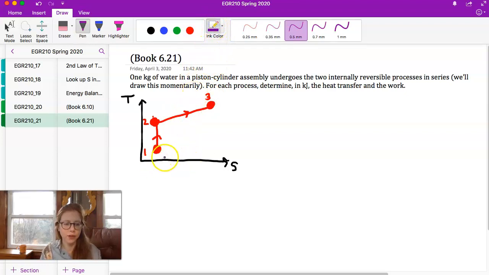Okay, so here's the info. P1 is going to be 0.1 megapascals. T1 is going to be 100 degrees Celsius. This right here is following a line of constant entropy, so this is S equals constant.